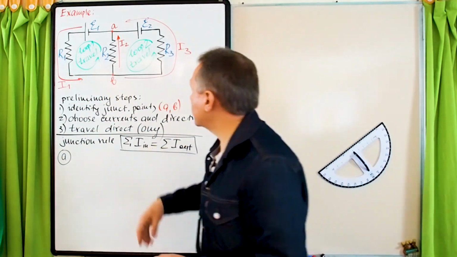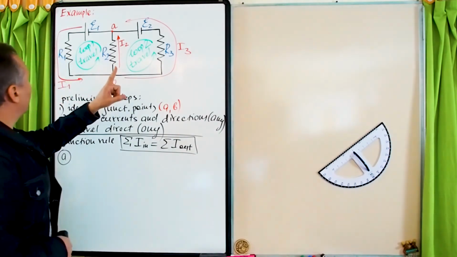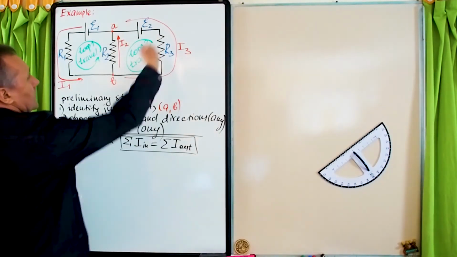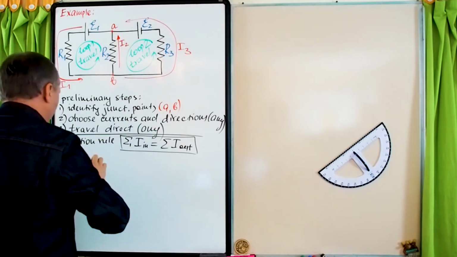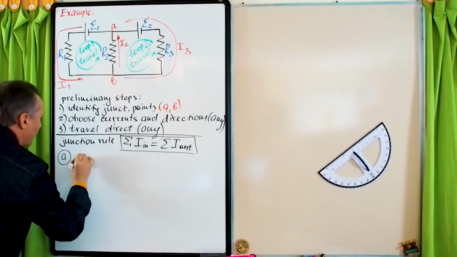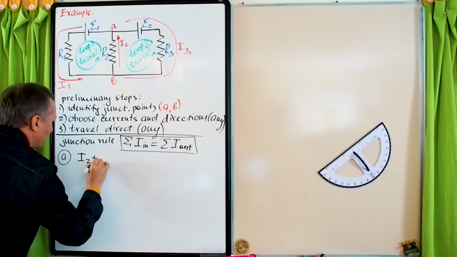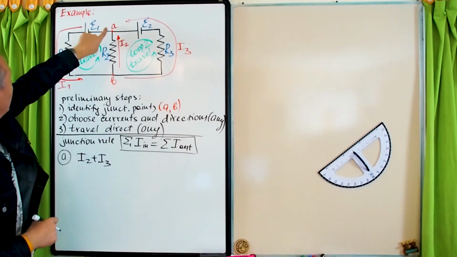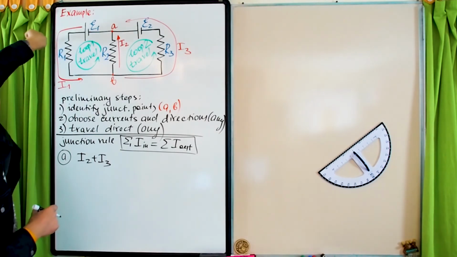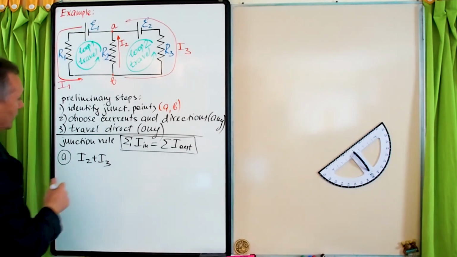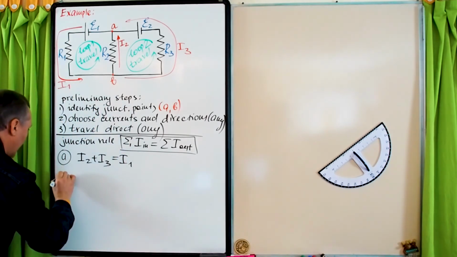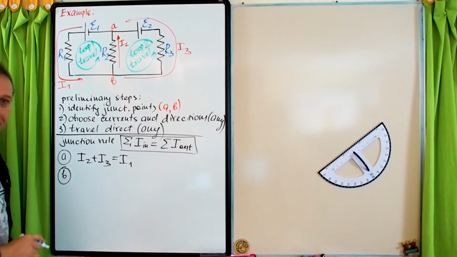All currents in. So what do we have? I2 in and I3 in, right? You see, this current enters and this current enters. So we will have I2 plus I3, and leaves out only one current, this I1, right? You see, it leaves. So equals I1. Okay, equation number one.